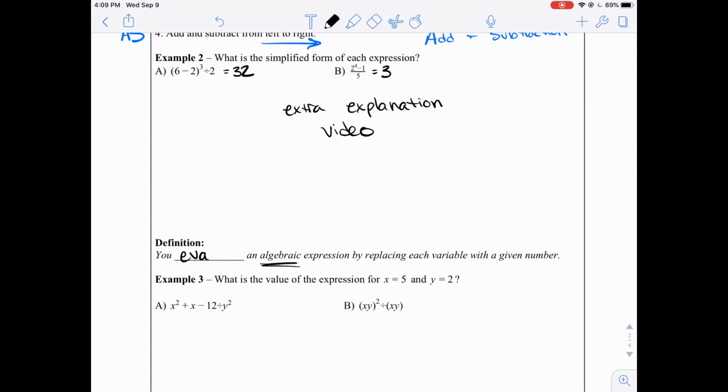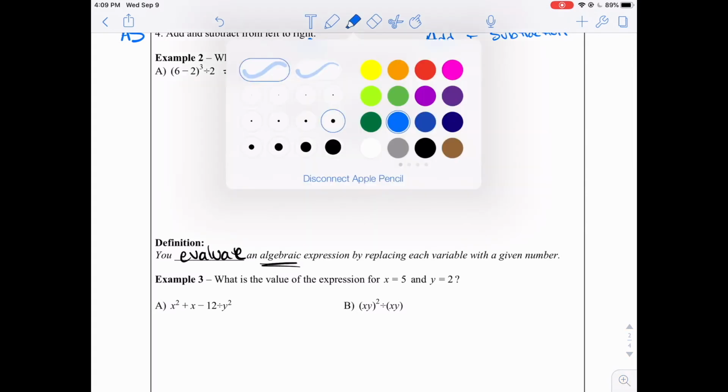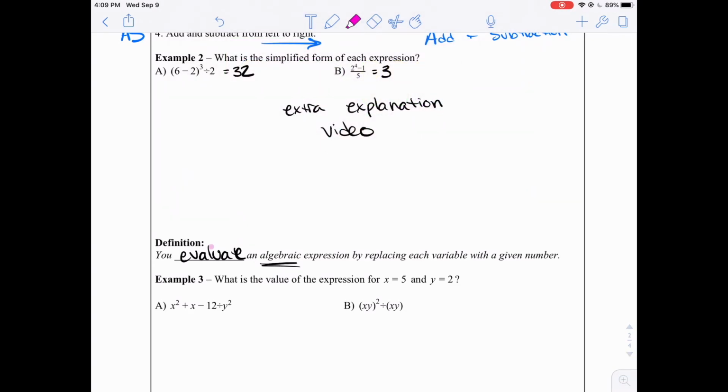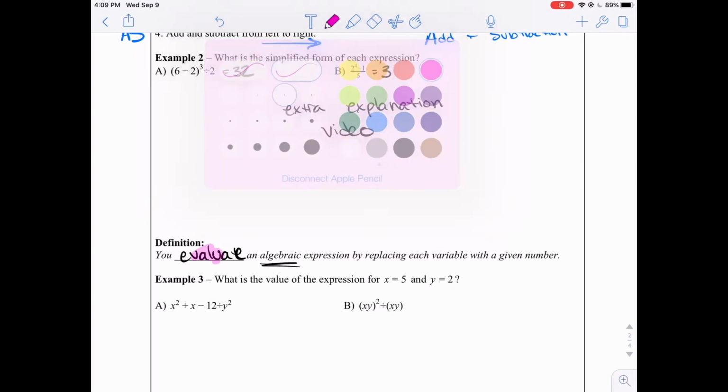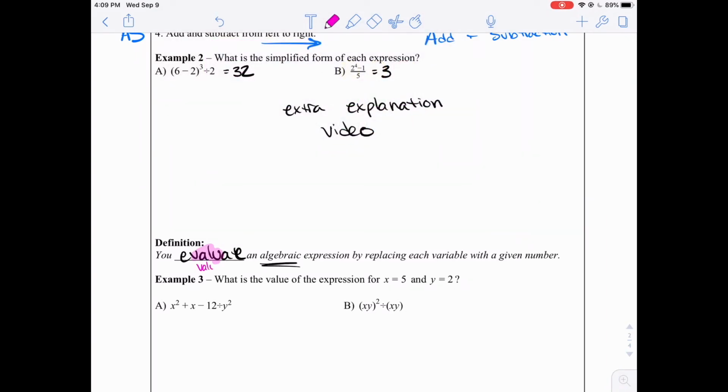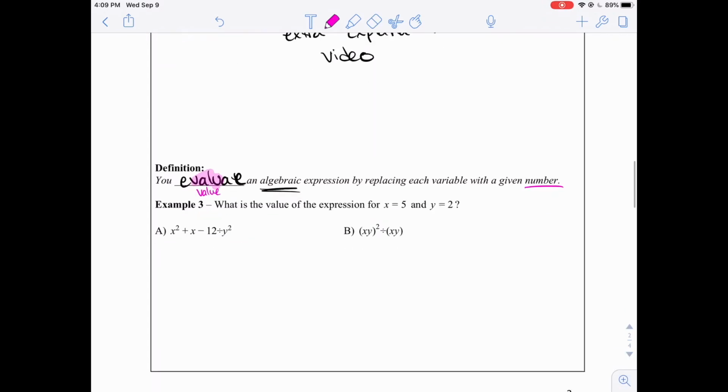You can evaluate an algebraic expression by replacing each variable with a given number. This will give you that expression's value. It'll say, hey, what's it worth? What's this value to you? And you'll result in a number, which is great.